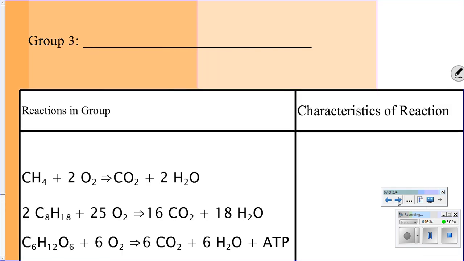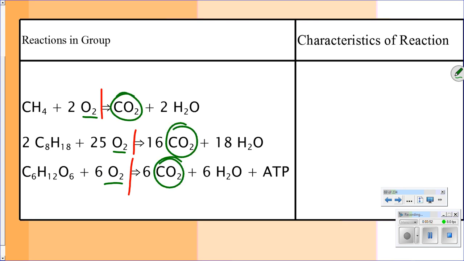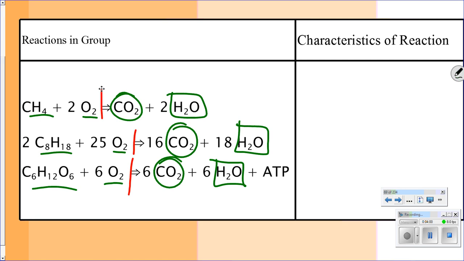Our next reaction type, what you're going to notice if you look at these is, if you look where the arrow is, we have 2 things on either side. If we look more specifically at them, you should notice all of these reactions have O2. All of these reactions have CO2. They also all have H2O. And all of them as well start with something that has carbon in it, a carbon fuel.